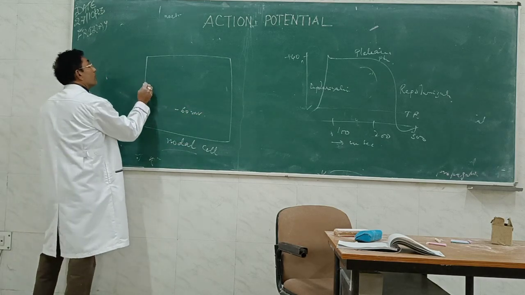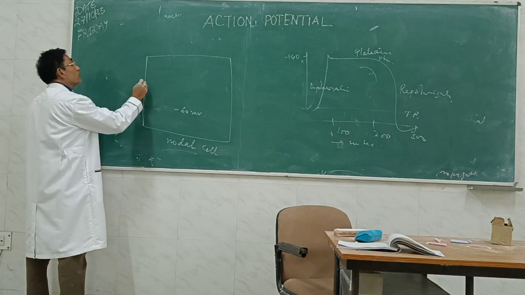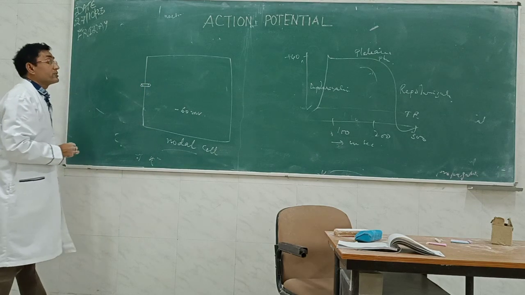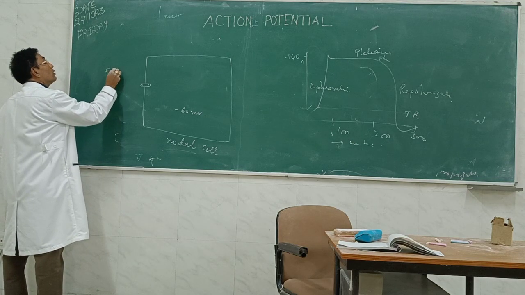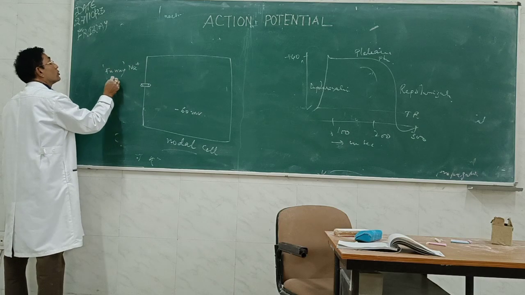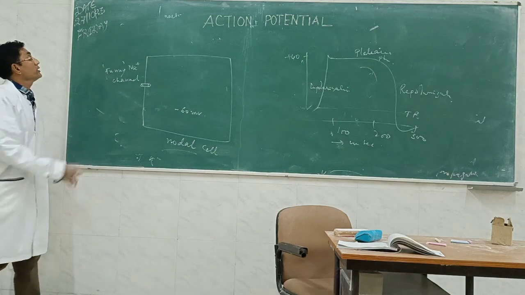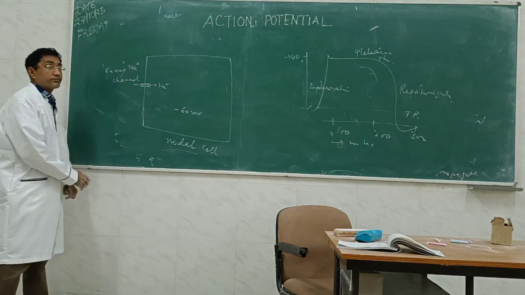Now here, if we talk about depolarization and repolarization, here we have the leaky sodium channel. Actually, this is called the funny sodium channel. The name of the sodium channel is the funny sodium channel.